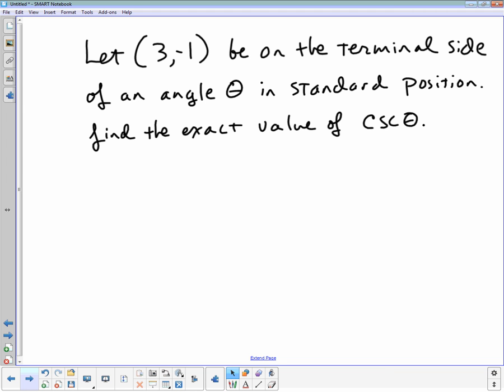Take a second to copy this down. This is a great problem. I like this one very much. Okay, you got some weird, goofy word problem. Best advice always, draw a picture. Over 3, down 1. That's where I am.